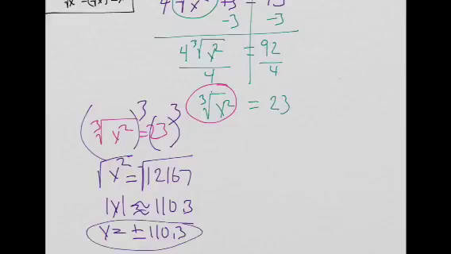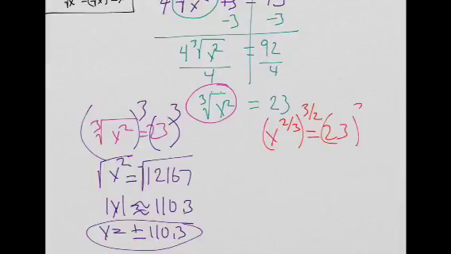So this is working with it as radical form. Now the other option I can always do is take this over to exponential form. So I can take the cube root of x squared and just write that as x to the 2/3 power. And then that's a simple fact of, well, let's raise it to the reciprocal power.